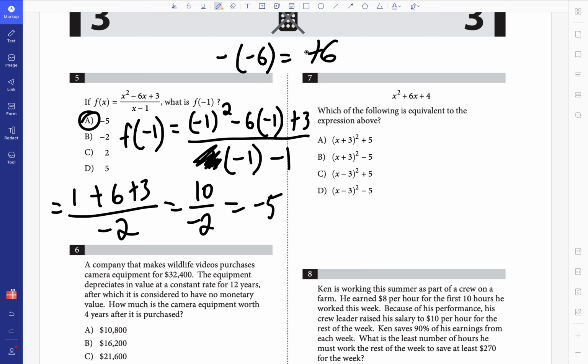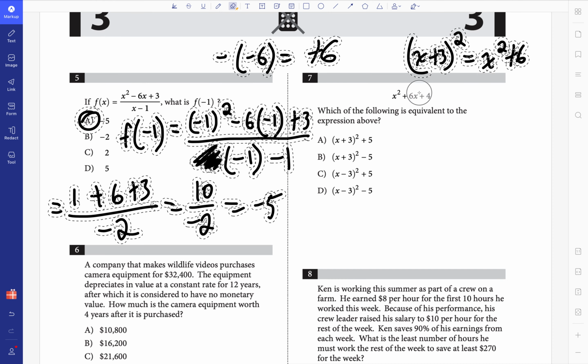I know that x plus 3 squared is a perfect square.